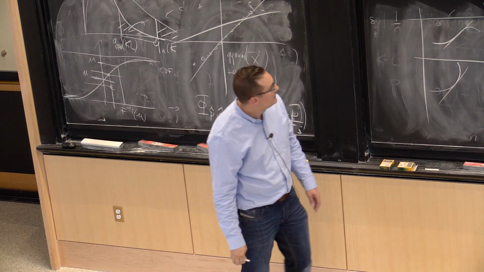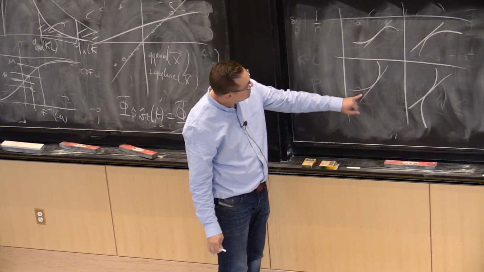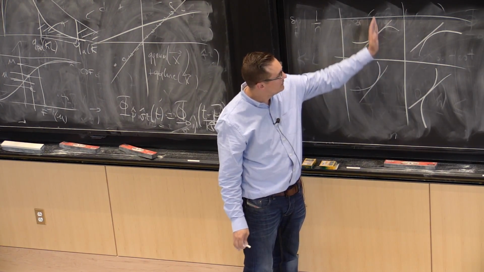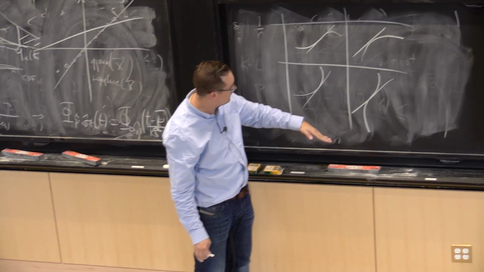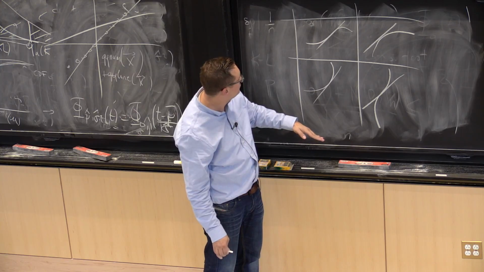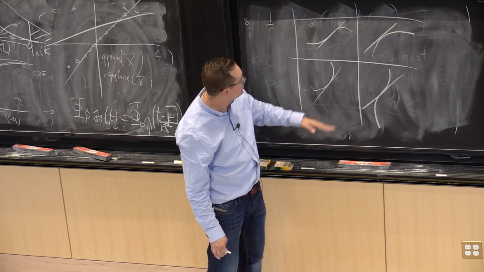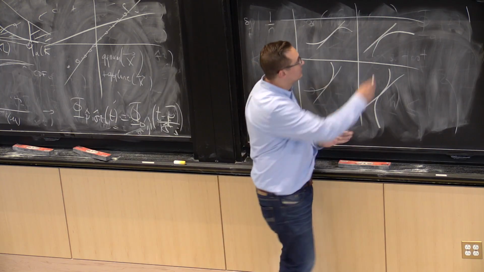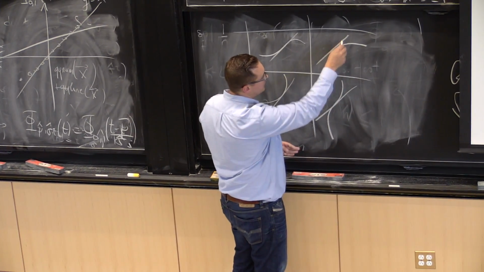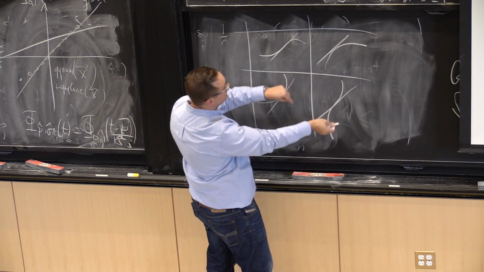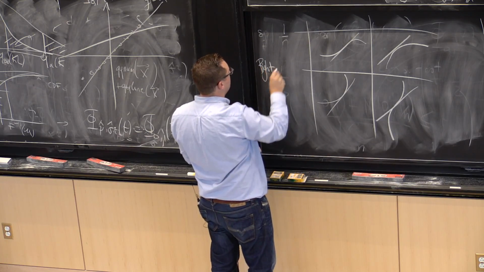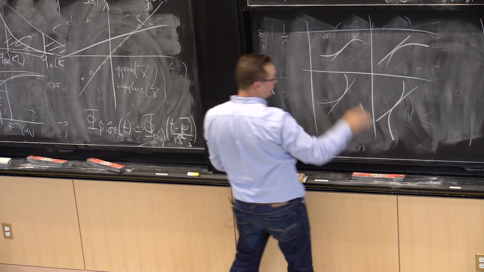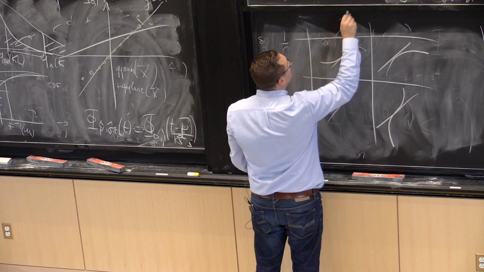Here, what's changing is the right tail. And when I go from here to here, what changes is the left tail. Is that true? No, sorry. What changes here is the right tail. That's the part that changes from top to bottom. So here it's something about the right tail, and here it's something about the left tail.